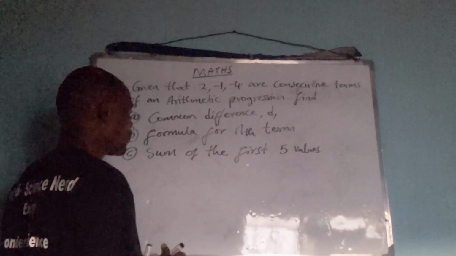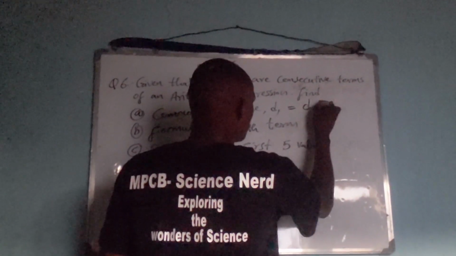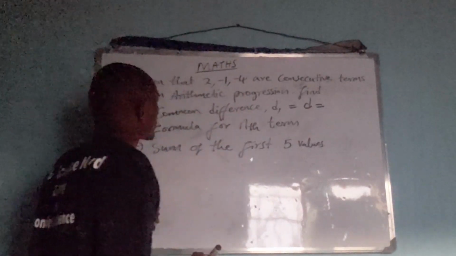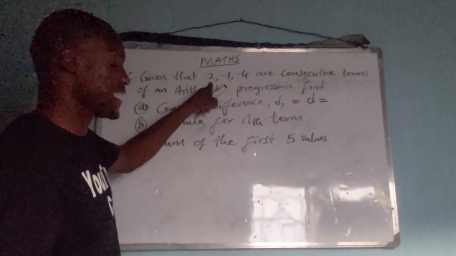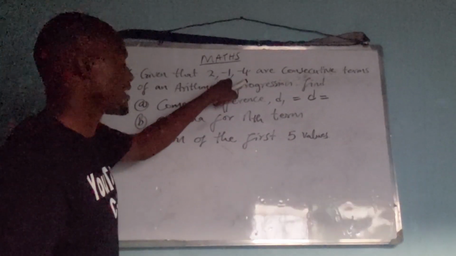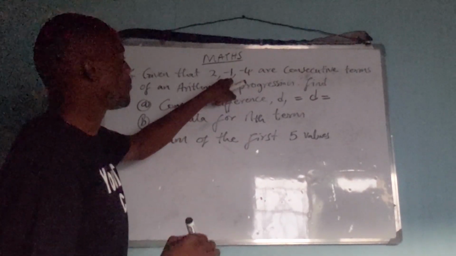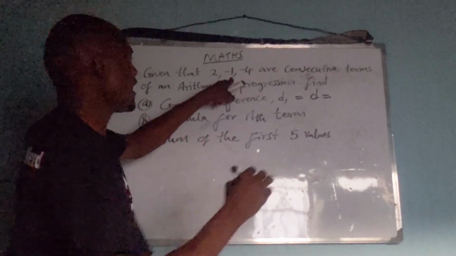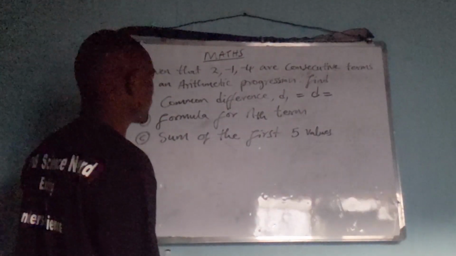Therefore, to find the common difference, we'll just say D is equal to the second term minus the first term, or the third term minus the second term, which means we are subtracting the next value minus the value before. This is what we can say.